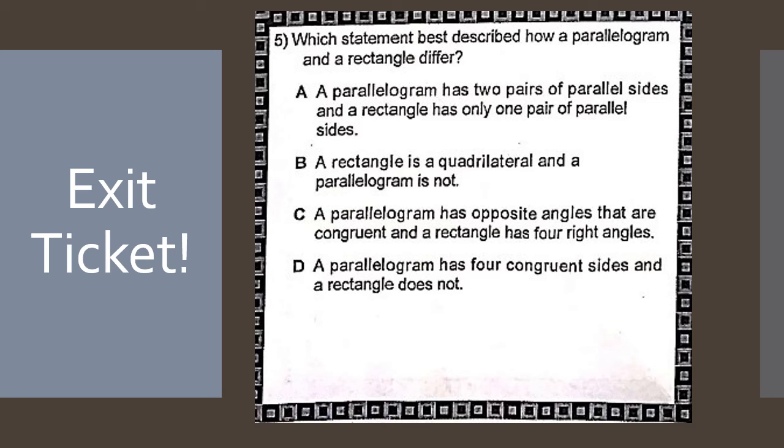C, a parallelogram has opposite angles that are congruent, means same size, same shape, and a rectangle has 4 right angles. D, a parallelogram has 4 congruent, same size, same shape, sides, and a rectangle does not. Pause here. Play for the answer.